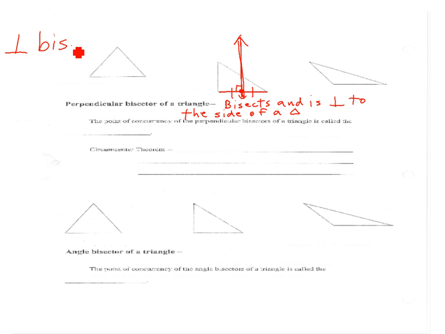This is how I abbreviate perpendicular bisector. Things you should think of as soon as you hear perpendicular bisector, you should think of perpendicular lines. That means you should think of right angles, 90 degrees. Think of bisector. Since you're bisecting a segment, then you should think of midpoint, congruent segments.